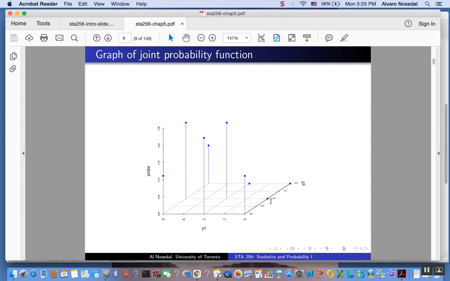But now our possible outcomes are not points in the real line, but are points in the plane, and then we assign to each of those points in the plane here in that lattice a height, and the sum of the heights of those needles must be equal to 1, and the heights of those needles must be numbers between 0 and 1, just like before, right?